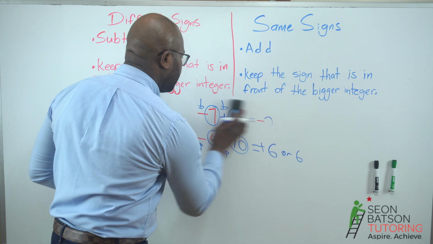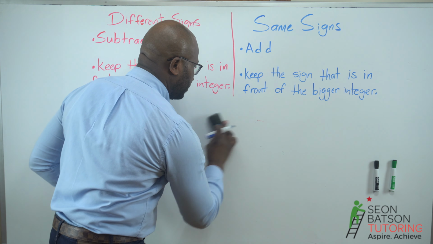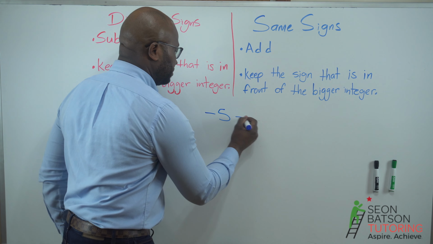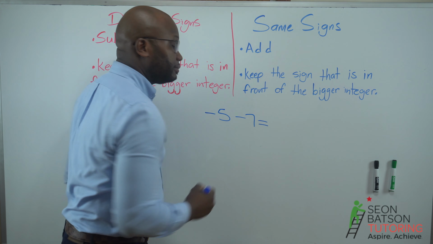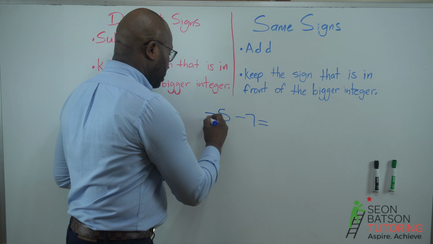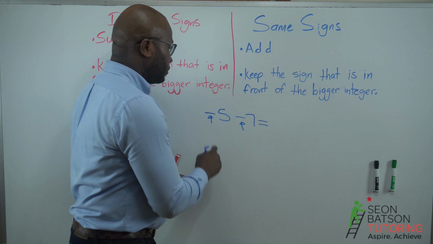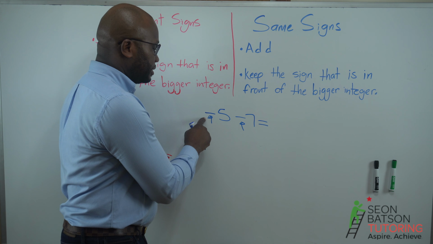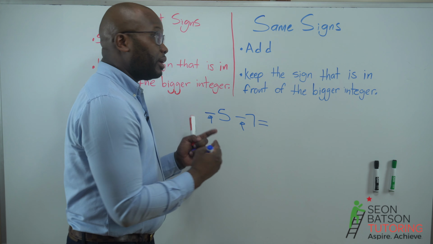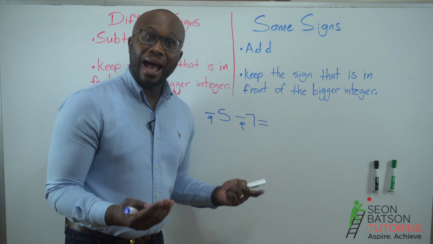Let's say we have -5, -7. Here, again, we first check out our signs. Our signs, in this case, here is negative, here is negative. They are the same. When they are the same, we are going to add.